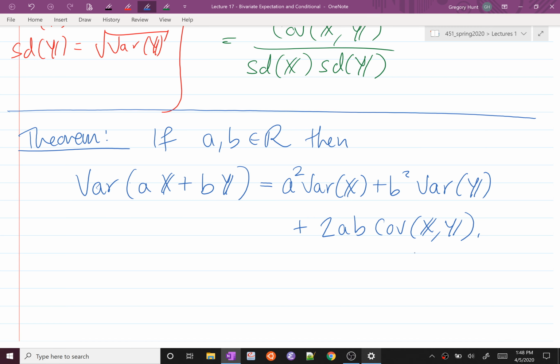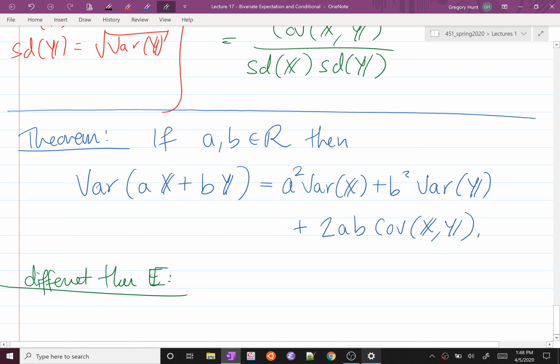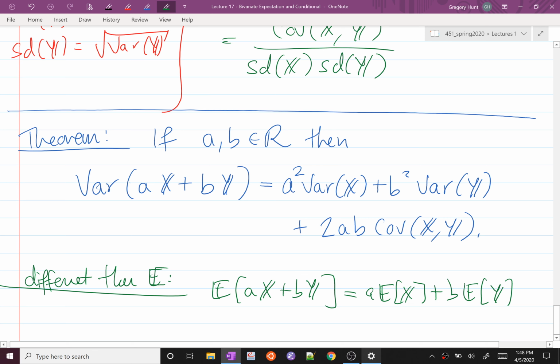And so let's look at why this is true. It's not generally true that you can just distribute variance like you can expectation. If I ask for the expected value of ax plus by, our theorem above says that this is a E of x plus b E of y.